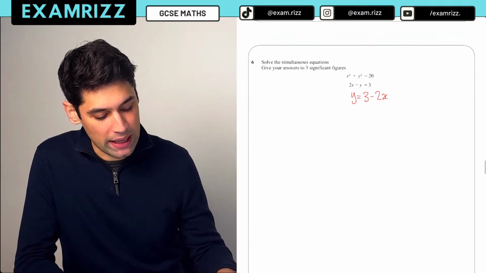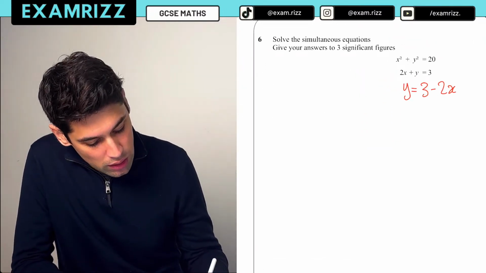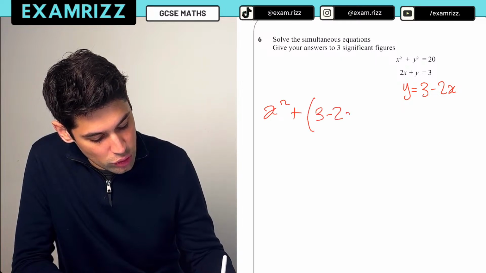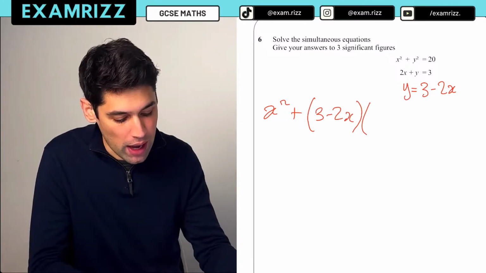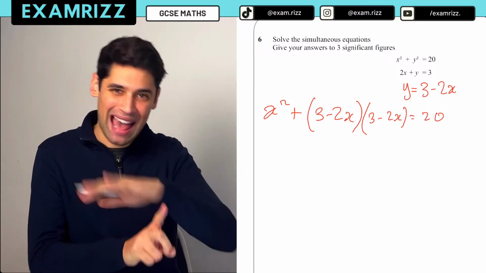So let's write it out again. And it's going to be x squared plus 3 minus 2x. I'm going to write that bracket out next to itself straight away because we know we're going to have to square it out. So 3 minus 2x equals 20. And let's expand that bracket.